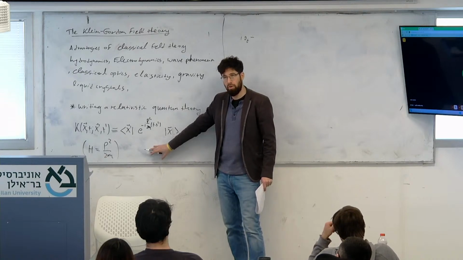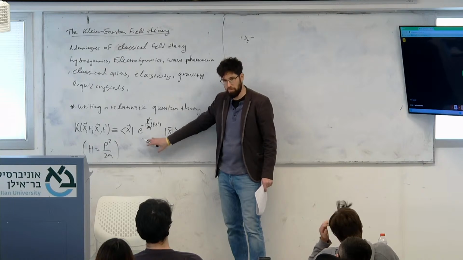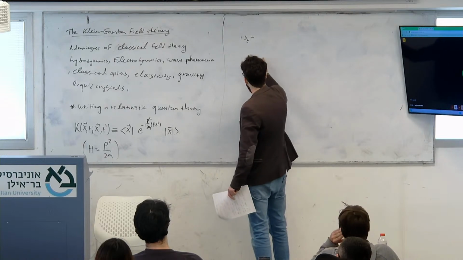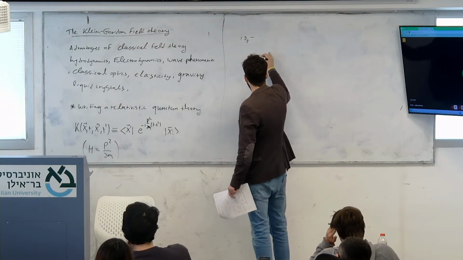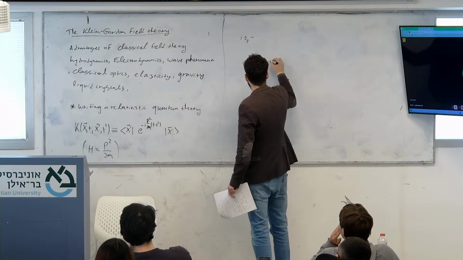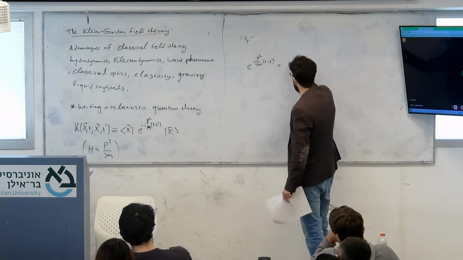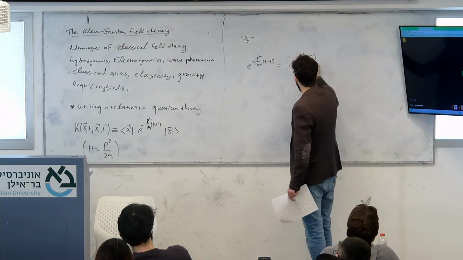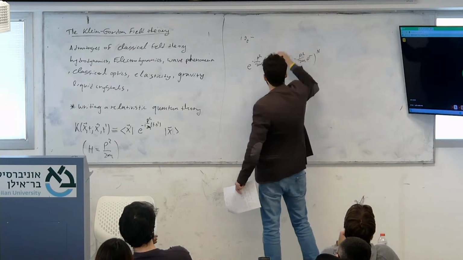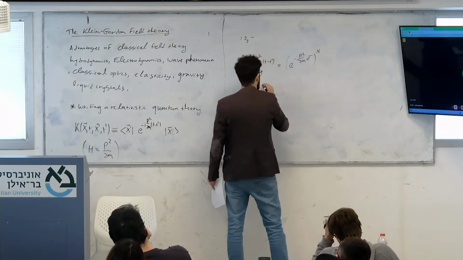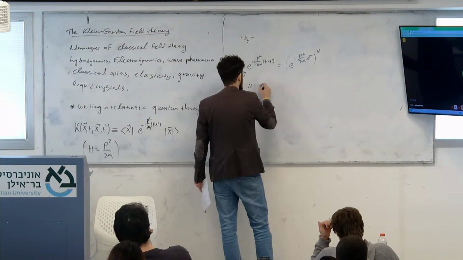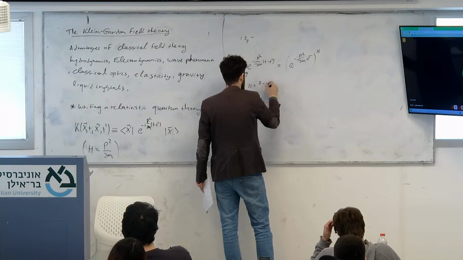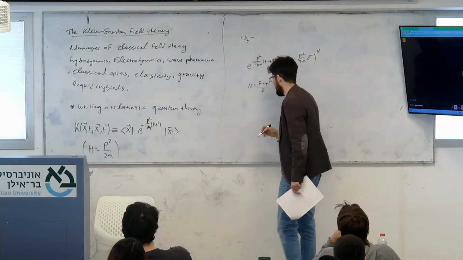Okay, so if I would do a path integral, I would basically write e to the minus i p squared over 2m times t minus t prime. I would write this as e to the minus i p squared over 2m times delta to the power of n, where n is equal to t minus t prime divided by delta.